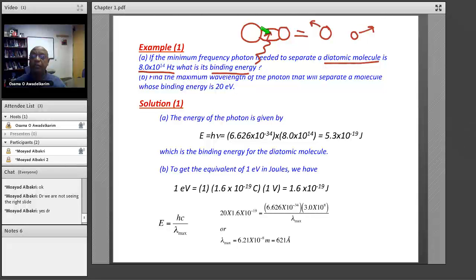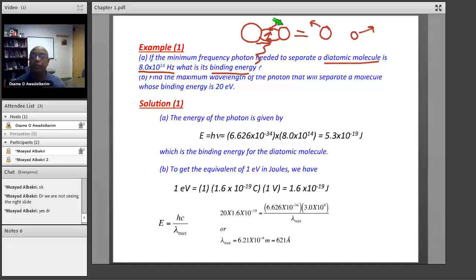It's broken by an incident photon. When this photon hits the bond, which has maybe two electrons, the 2 electrons are no longer bonded. It breaks the bond.